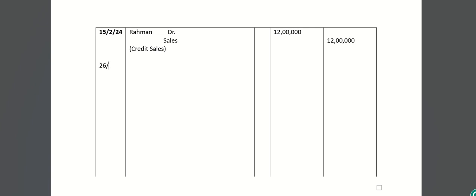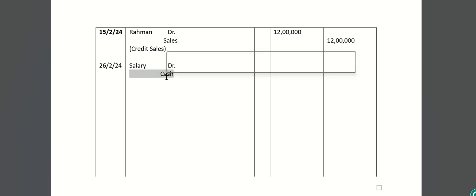So we need to know, when an expense increases, like purchase, salary is also an expense. When an expense increases, what should we do? We should give it debit. So we will debit the salary account. Credited to what? We know we have paid the salary. When a payment or receipt is made and the mode is not mentioned, we can easily assume that it was made with cash.